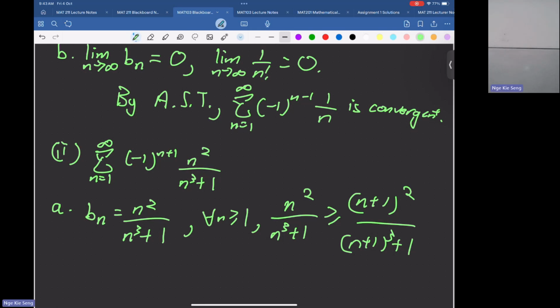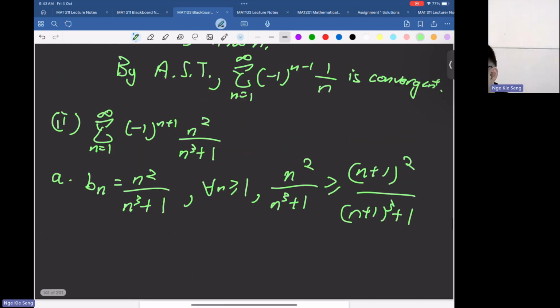Divide. So upper side and lower side. Okay, n square, n square, both sides. The second one is... So you mean like this? How about the other side? Keep the same.